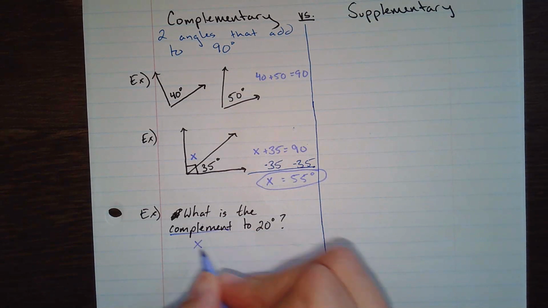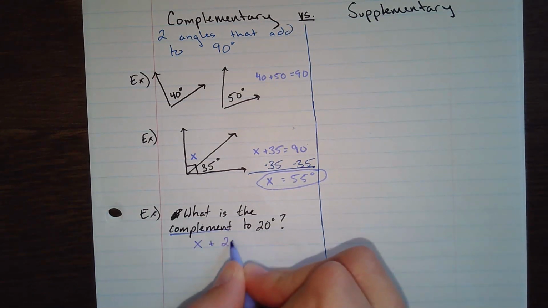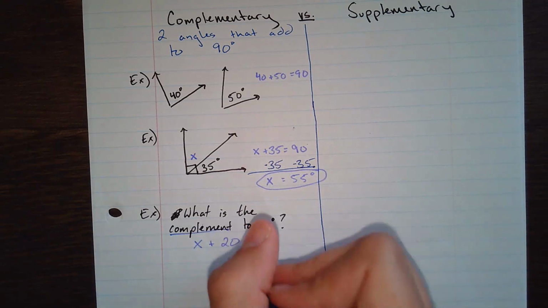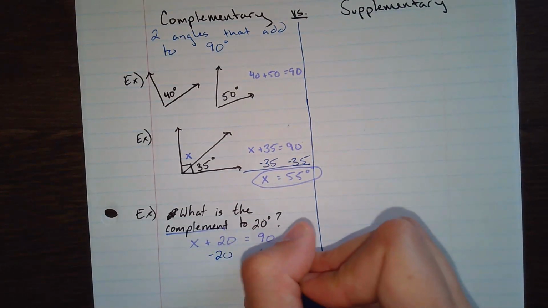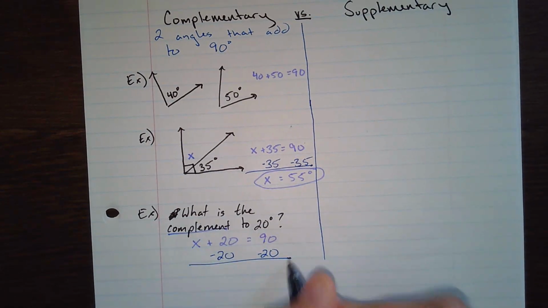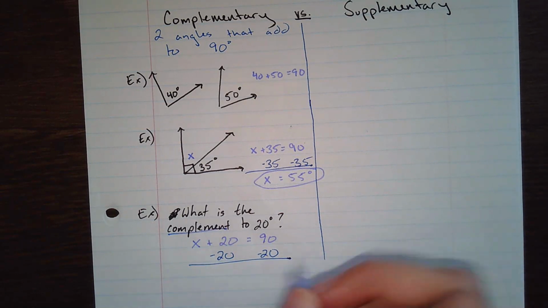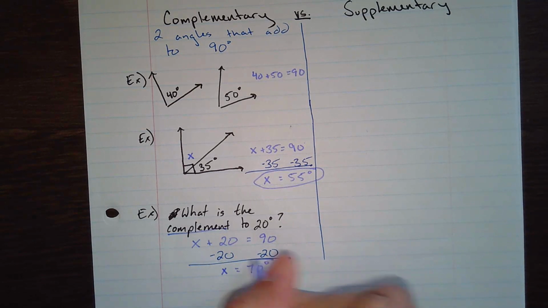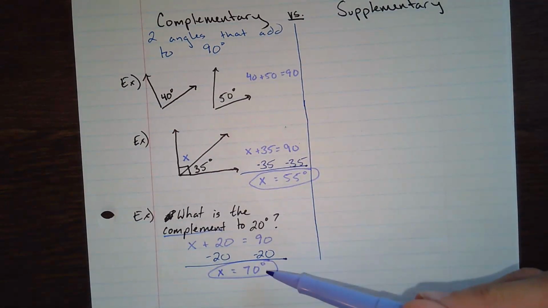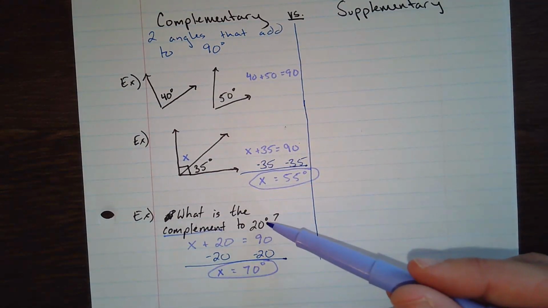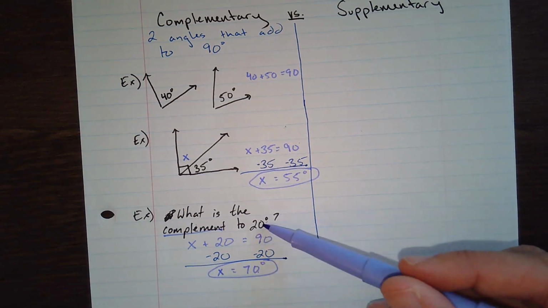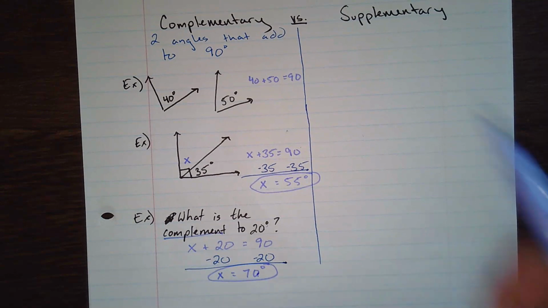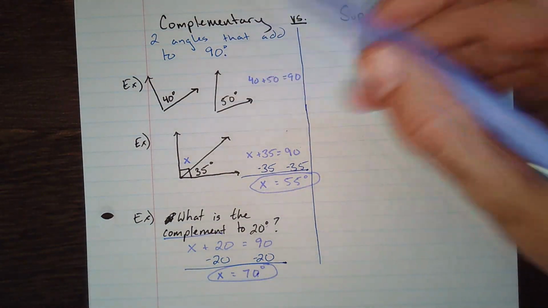So we have something plus 20 equals 90. And now we're back to our one-step equations. And we're left with x equals 70. So 70 is the complement to 20, because when you put these two together, it'll add to 90 degrees. Right? So complementary means 90 degrees.